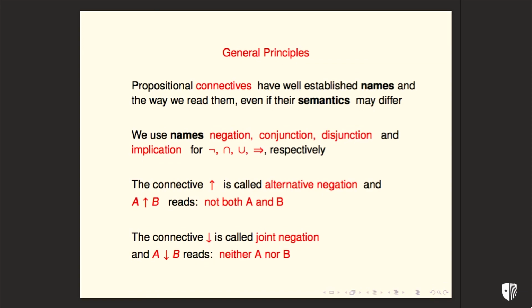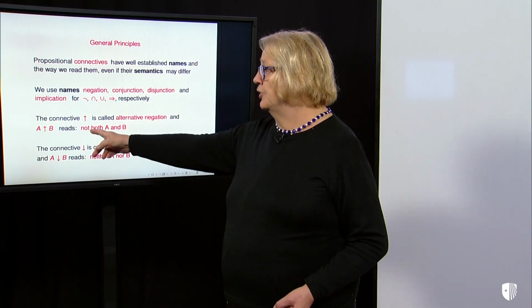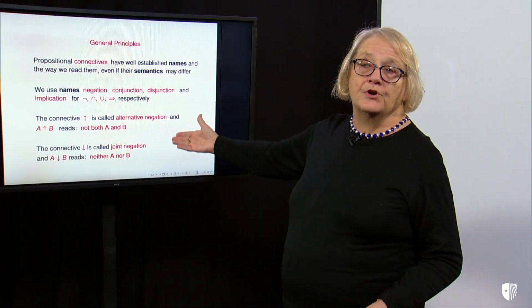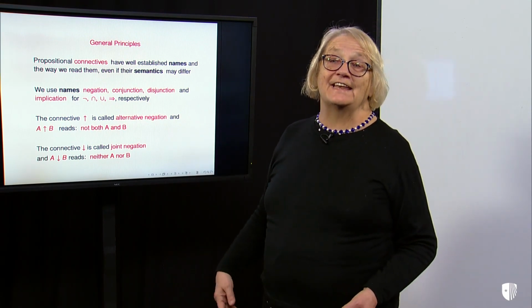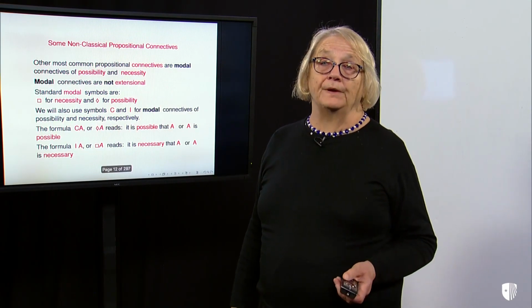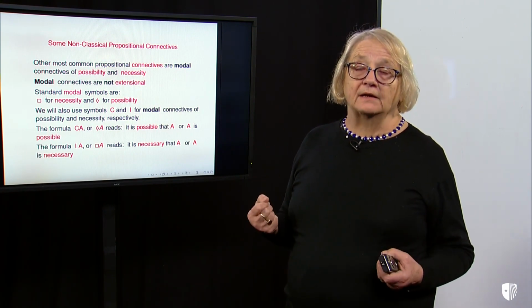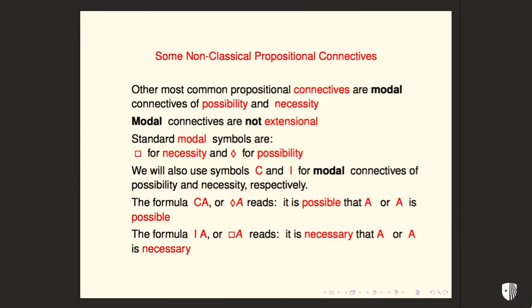That connective is called alternative negation, and it reads not both A and B. This arrow down is called joint negation and reads neither A nor B. Modal connectives, we have also modal connectives, which are connectives of possibility and necessity. So it means that we use certain symbols.